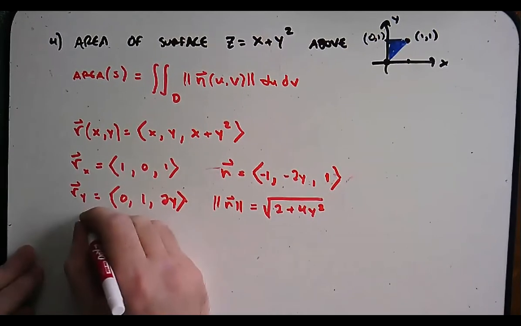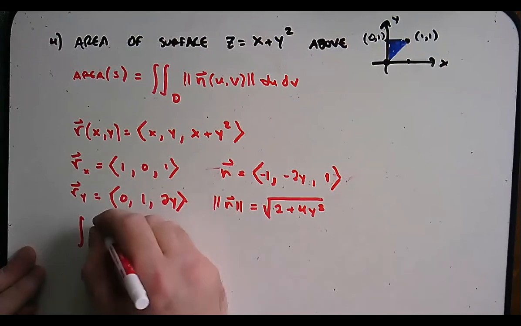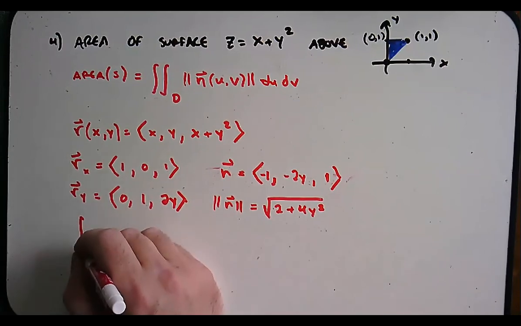So let's set up our integral here. We have a double integral, and we're going to evaluate it in terms of x and y. And the secret here, based on the triangle that we want to represent, is to vary x between 0 and y, and vary y from 0 to 1.